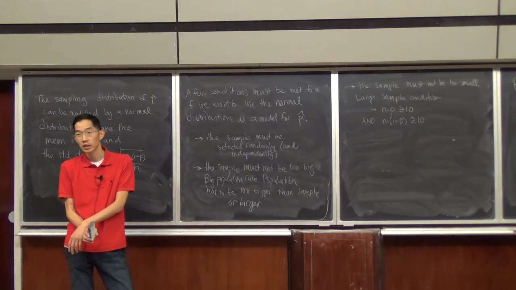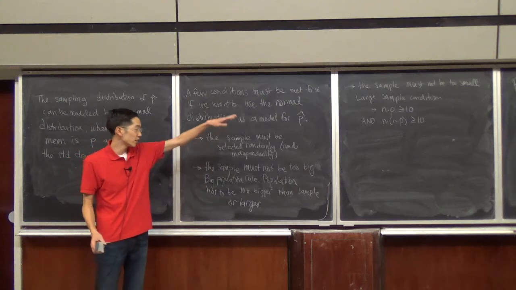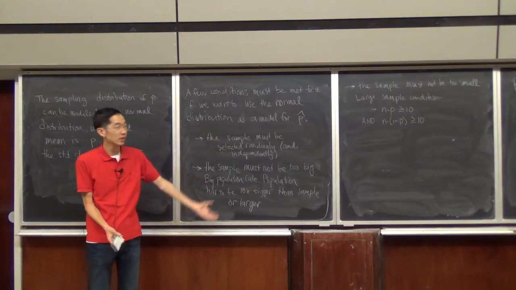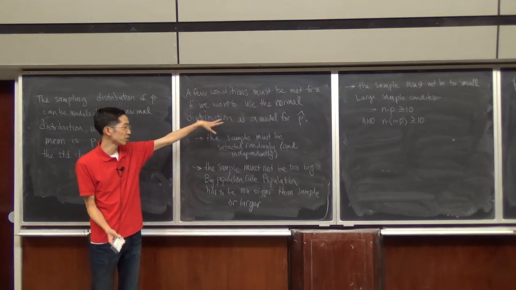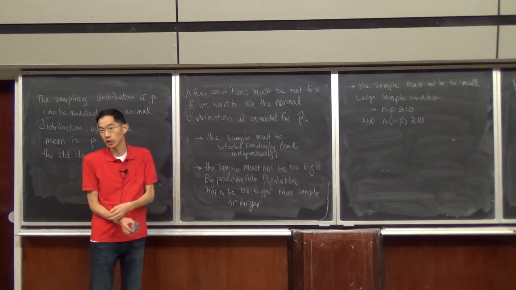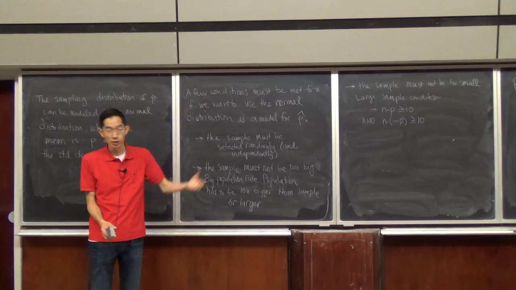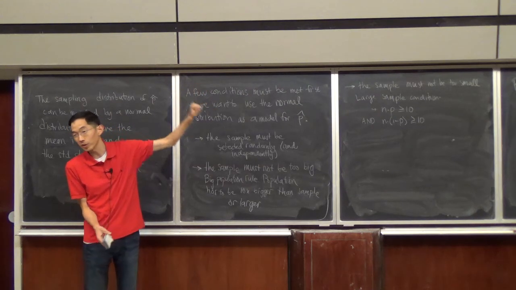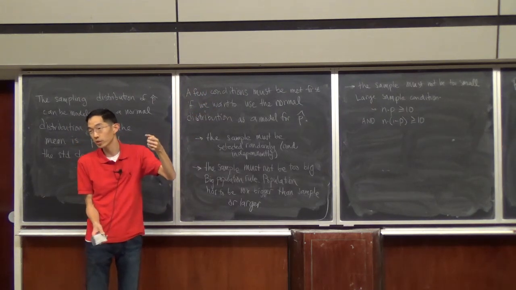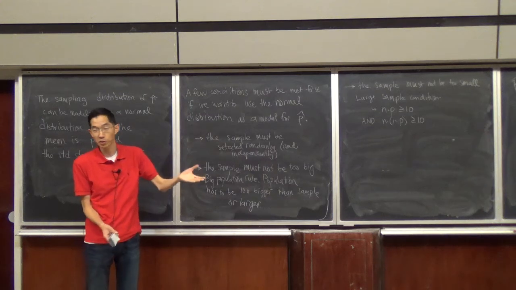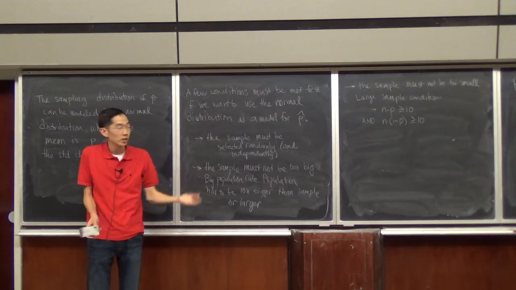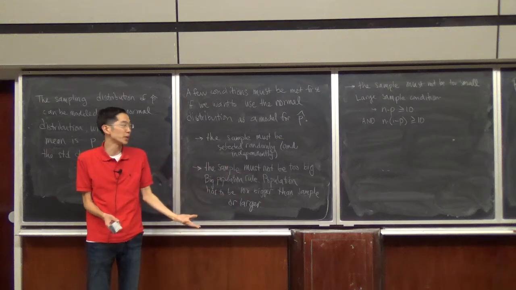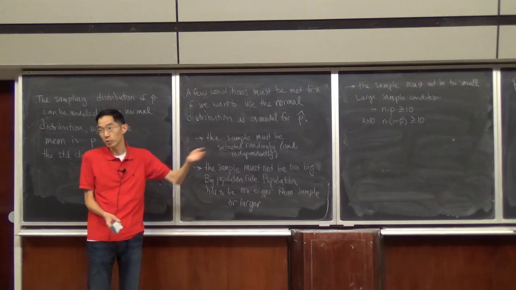What if they're not? If they're not, then these conditions are not met, and that means we cannot use the normal distribution as a model for p hat. The 2 example problems we did with the scoops of green M&Ms, we answered using the normal model. But in order to use the normal model, these 3 conditions need to be met.